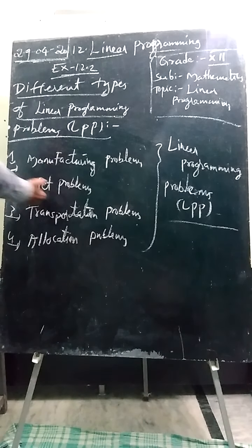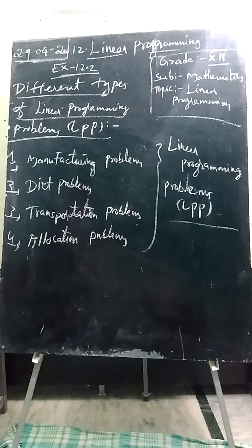Next, diet problems. Diet problems you have already learned previously. What is the minimum cost we have to spend to get maximum vitamins or proteins or carbohydrates? We have a choice of foods which contain more grams or milligrams of the proteins, carbohydrates or vitamins which are required for us.